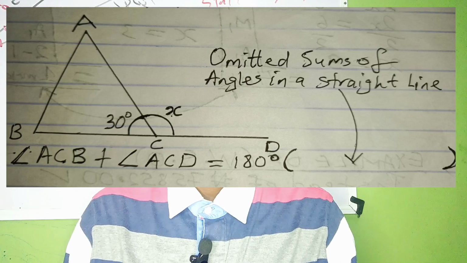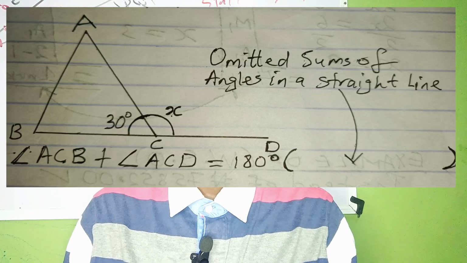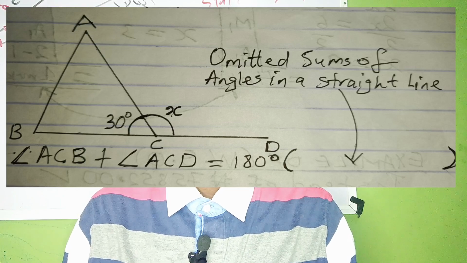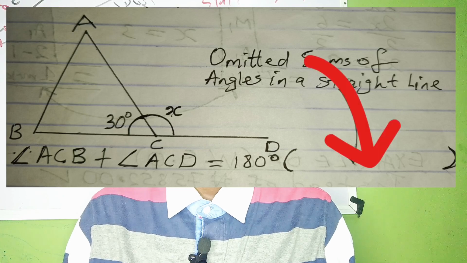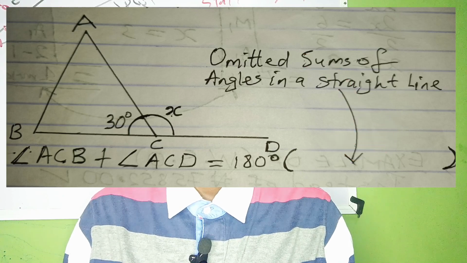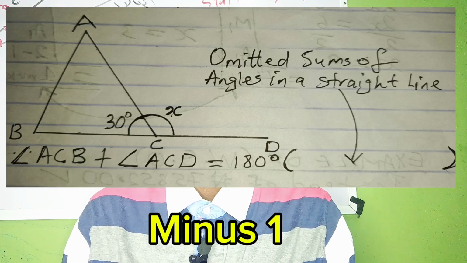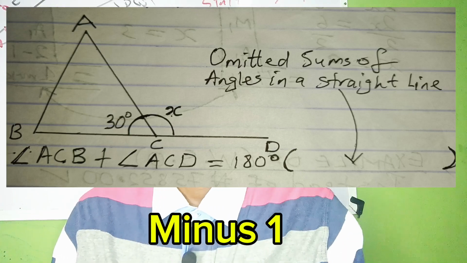That's very correct. The only thing we have to do is to substitute 30 degrees for angle ACB and make angle ACD the subject of the formula. But in that expression, we are supposed to write angles in a straight line as the reason. That reason has been omitted, which means the candidate will lose 1 mark.